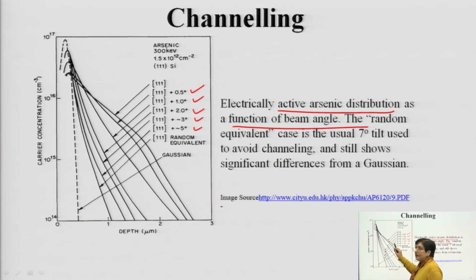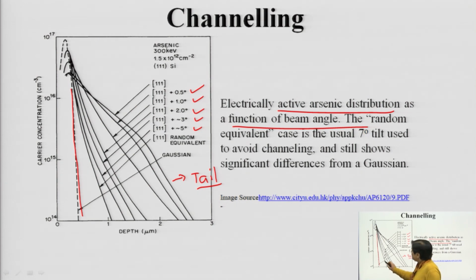For every 1 degree tilt in a 111 wafer, this is the original curve, the Gaussian profile which is expected. But with every 1 degree tilt you will find a change in the profile, because the number of scattered ions will alter, and thereby there will be effective channelization and a tail produced in the Gaussian profile.